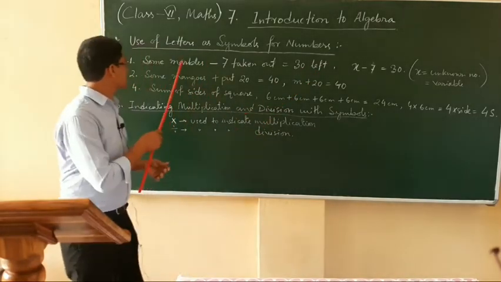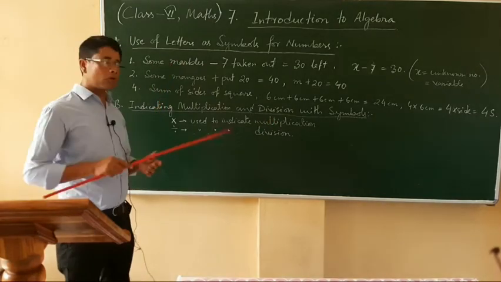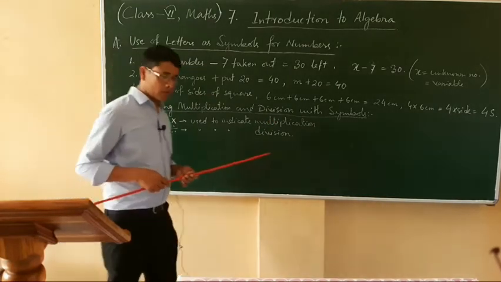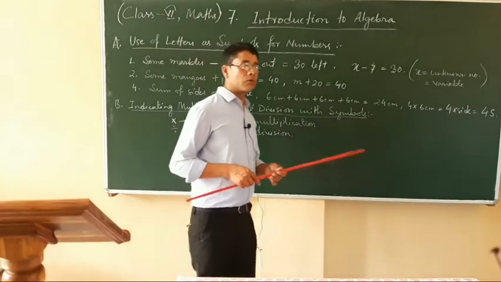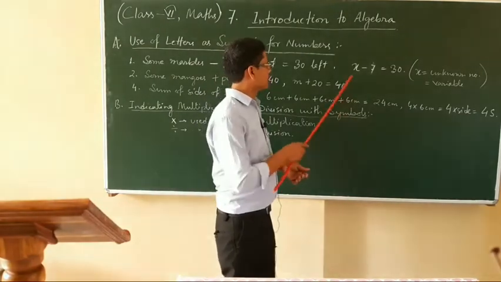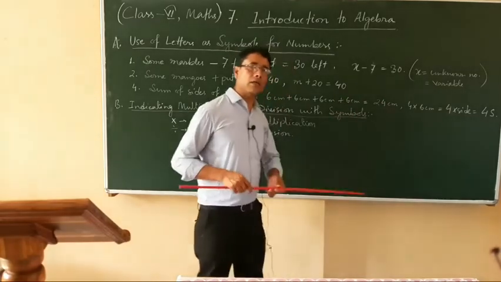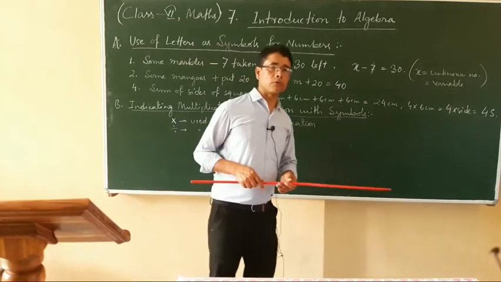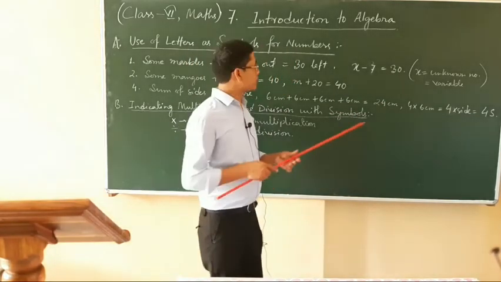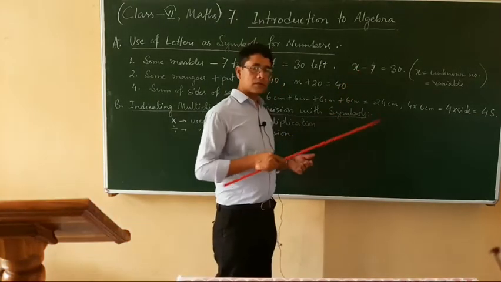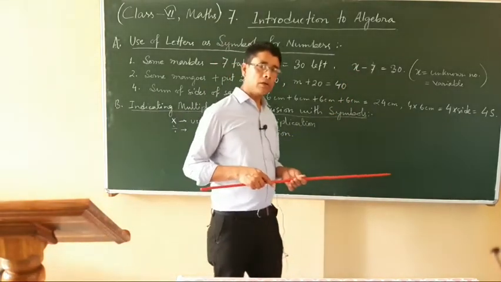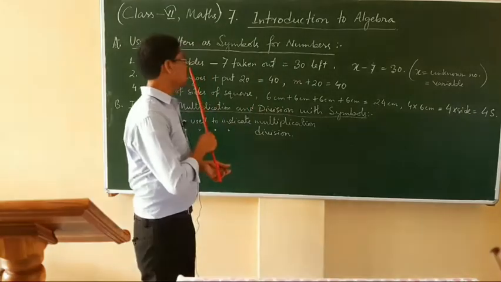That means here as the some marbles means we don't know how much exactly it is. For that what we will do is, we will take any letter like A, B, C, D, E, F, G, H up to Z. You can take any, but generally what we do, we used to take X for the number of marbles that we don't know.